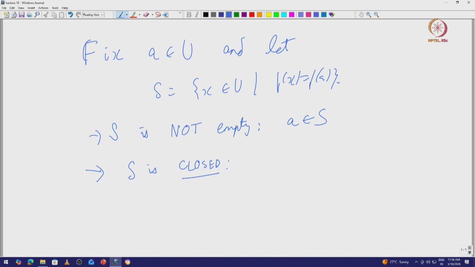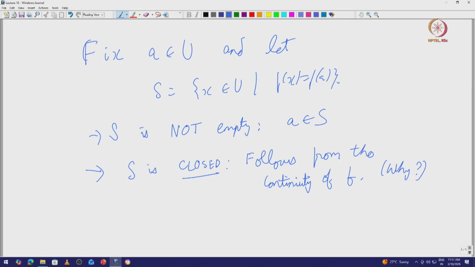So why is it closed? I claim this follows from the continuity of f. Why does it follow?